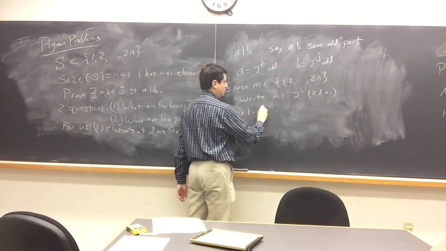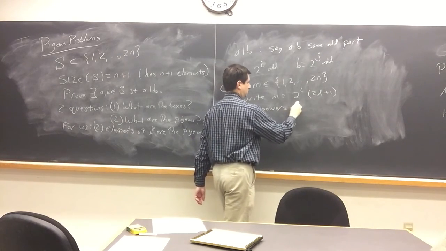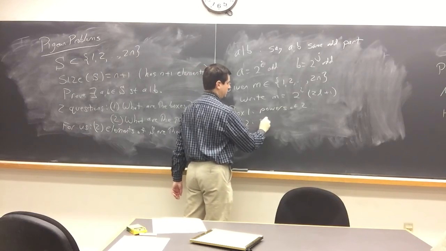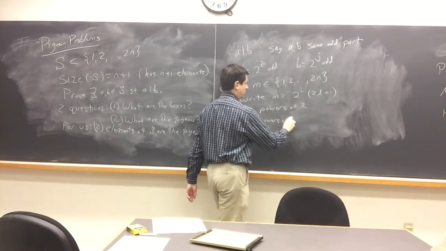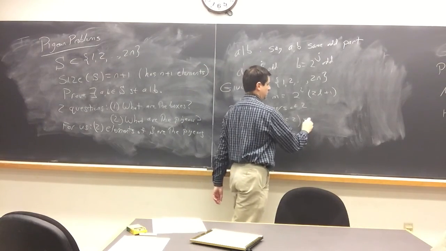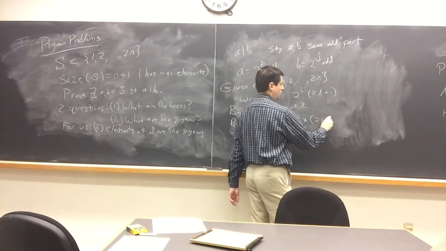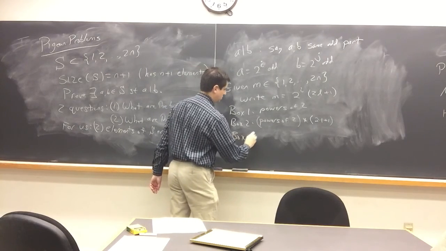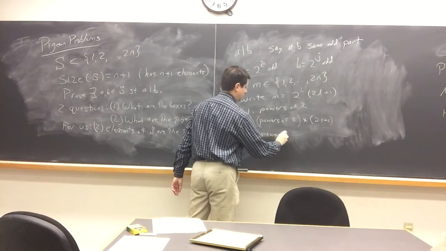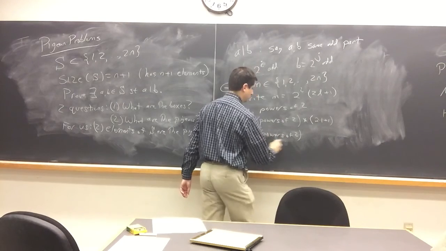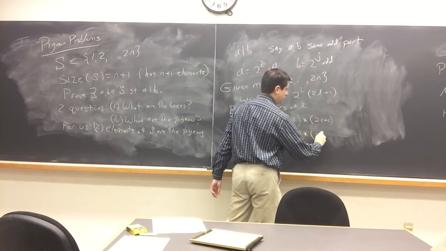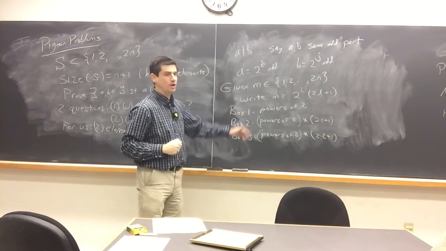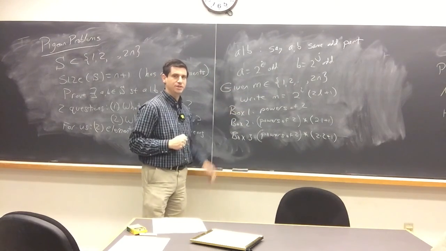Box 1 is just powers of 2. Then box 2 is powers of 2 times (2 times 1 plus 1). Then box 3 is powers of 2 times (2 times 2 plus 1). No element is in 2 boxes, and all elements are hit.